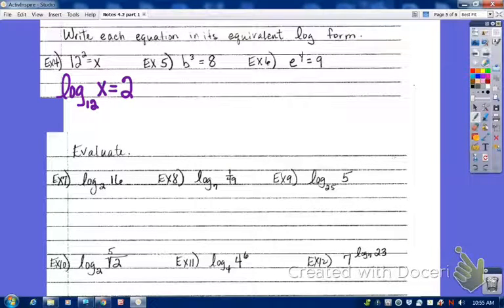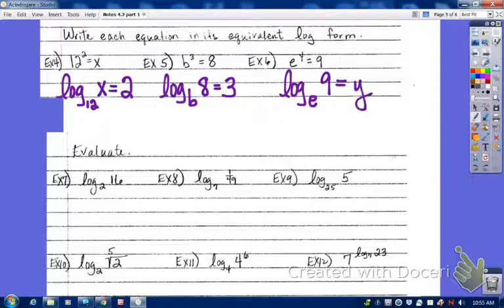So example 4 would be log base 12 of x equals 2. Example 5 would be log base b of 8 is equal to 3. Example 6 would be log base e of 9 is equal to y.